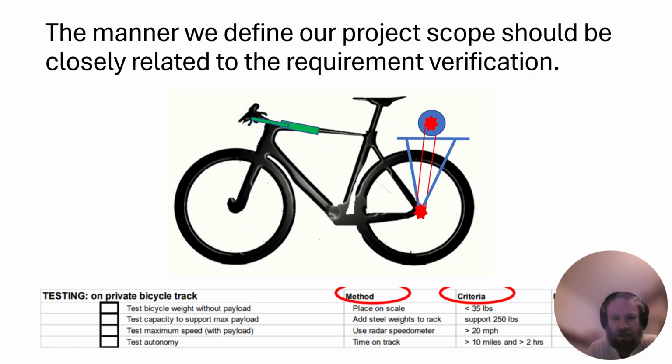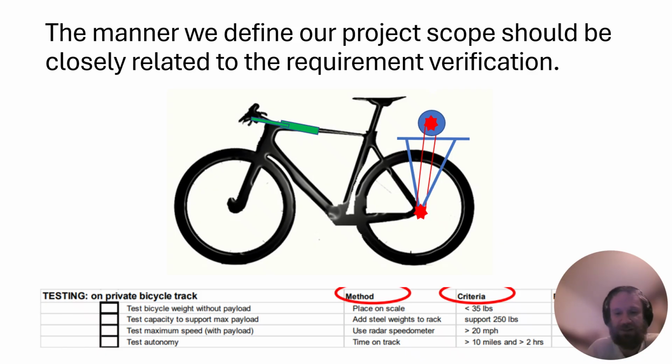So what I'm making mention here is that the project scope should consider the manner in which you'll go about verifying the achievement of the needs that were brought upon from consideration of the baseline requirements. So what we see here is our autonomous bicycle, and we can see the methods are considered now.